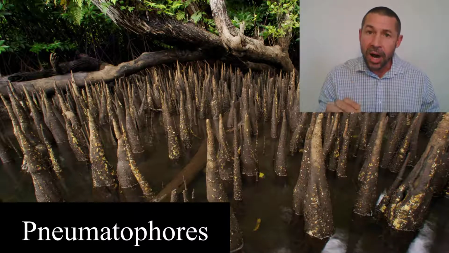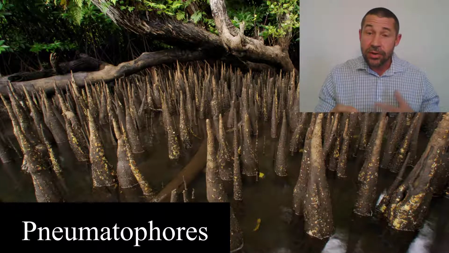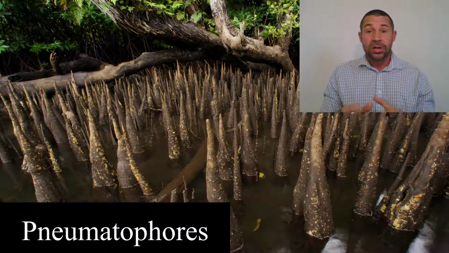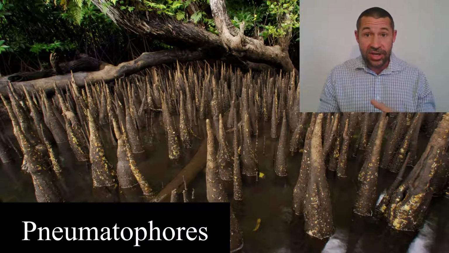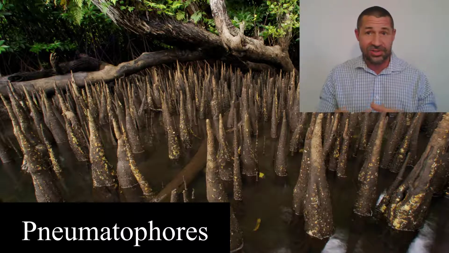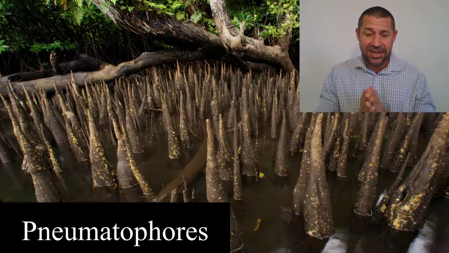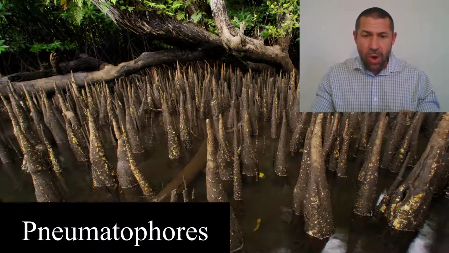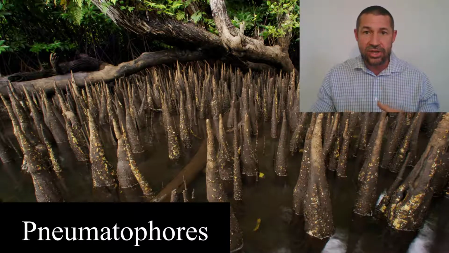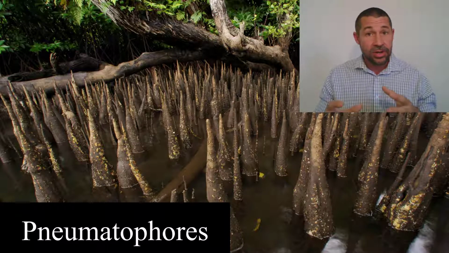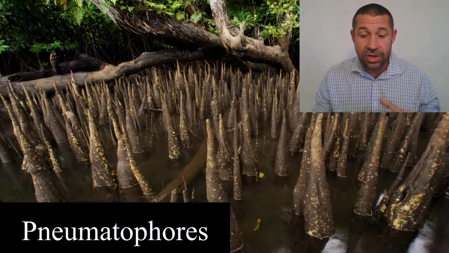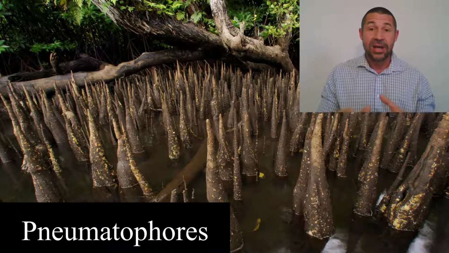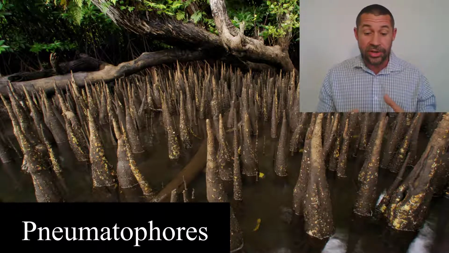Pneumatophores are modified roots that are used to facilitate gas exchange. So we see pneumatophores in the mangrove forests. It's really something cool to see. In these mangrove forests, the brown water is very rich in organic material, but it's also very oxygen poor. Plant roots need oxygen in order to do cellular respiration.